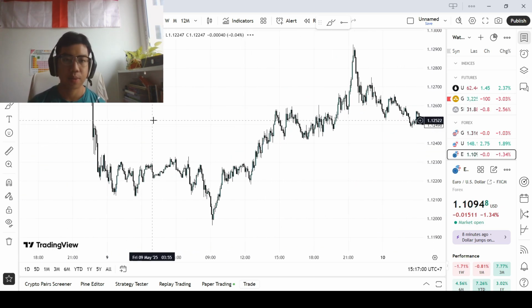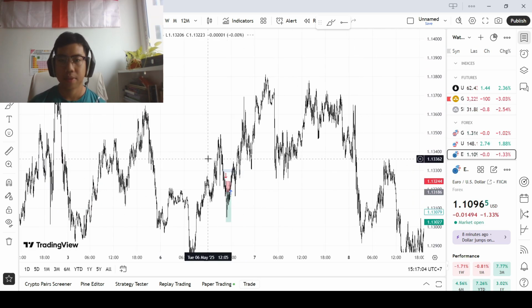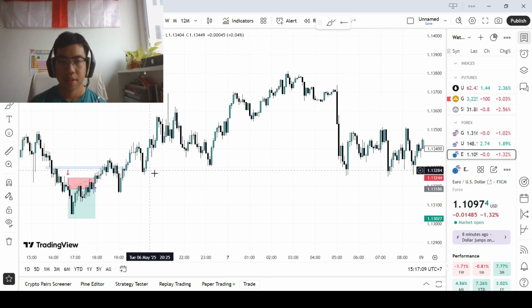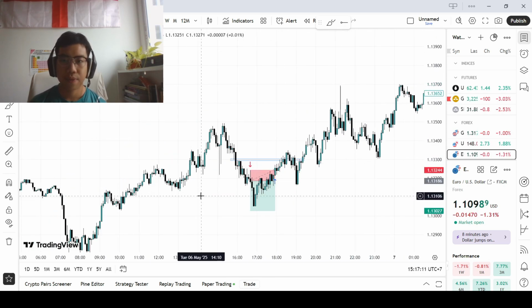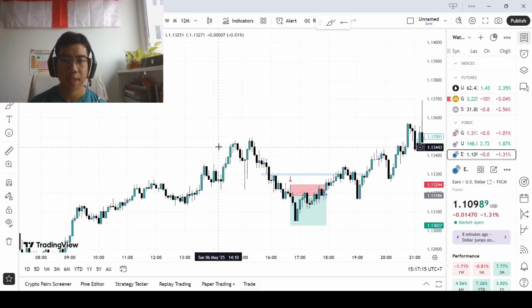So back to our trade on the 5-minute. So I went through the trading plan, the checklist. So liquidity was swept off right here.